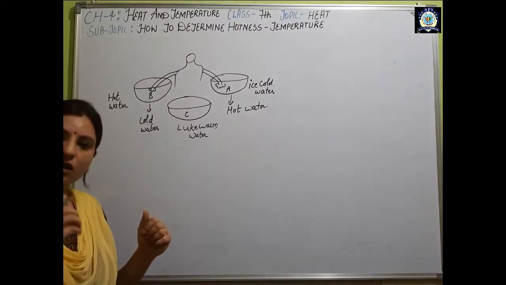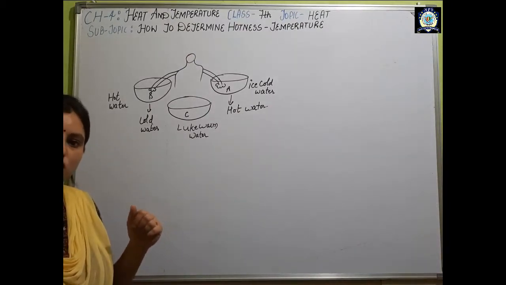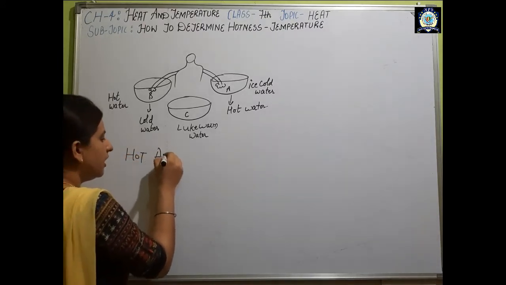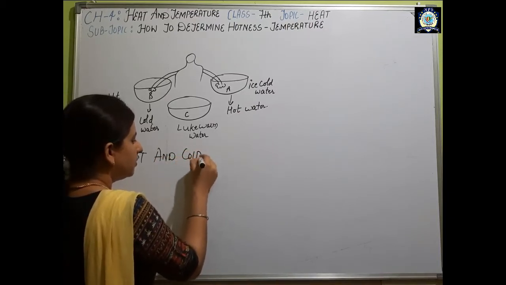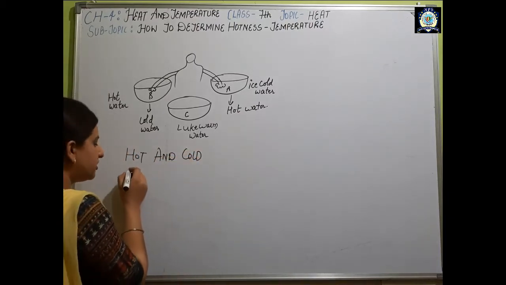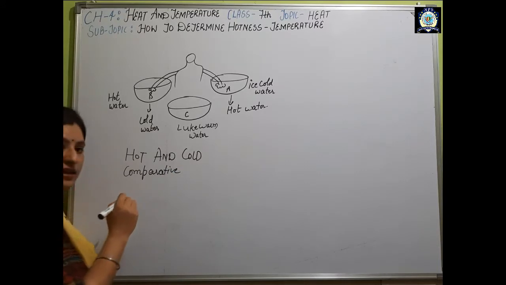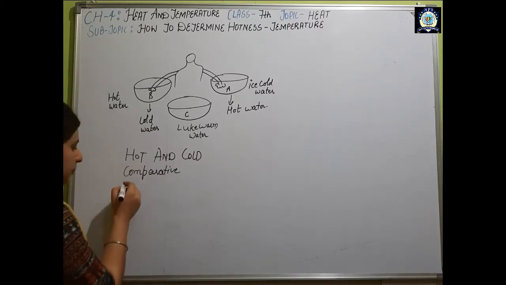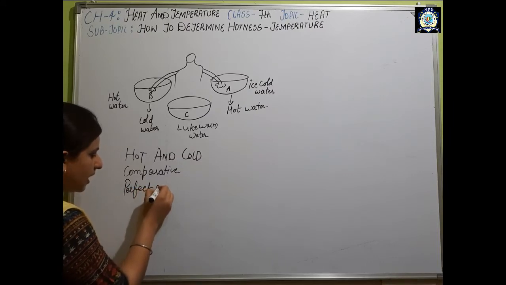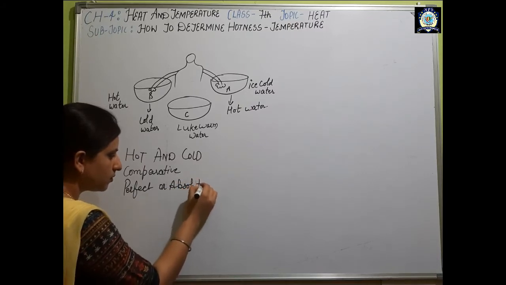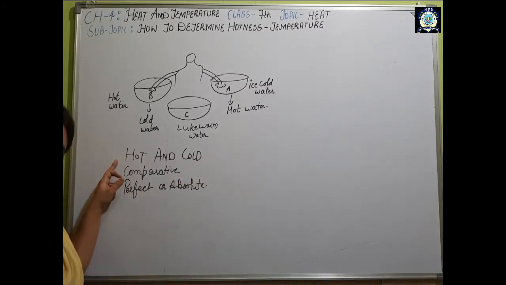So hotness and coolness of the water are just comparative, or you can say hot and cold words are just comparative to each other, but they can't be perfect or absolute. We can compare hot, we can compare cold, but they are not perfect or absolute.